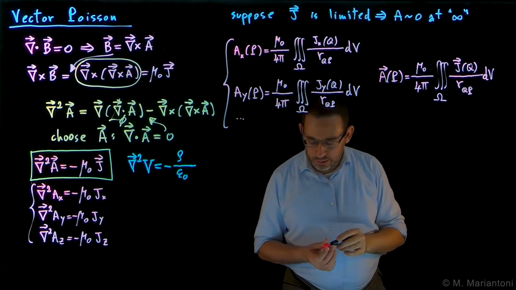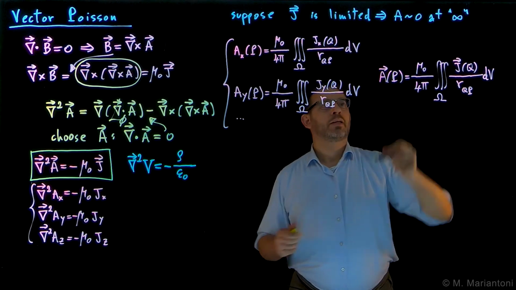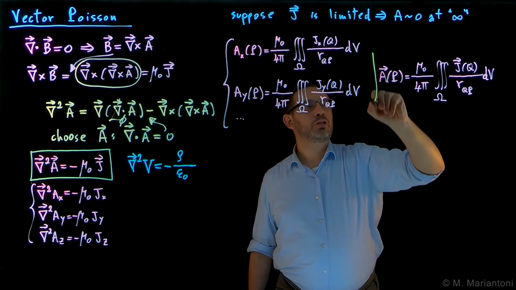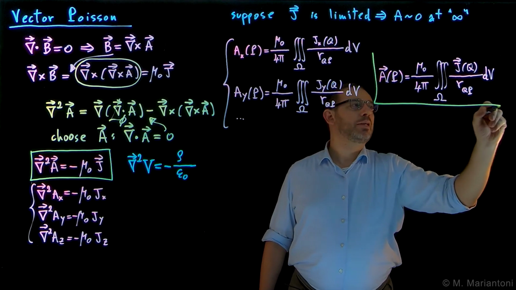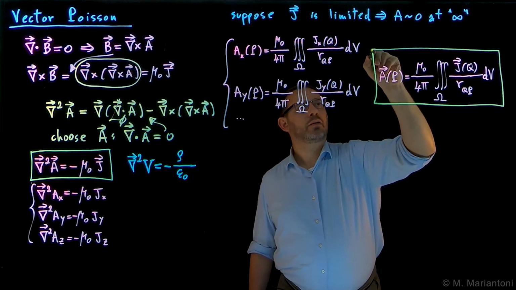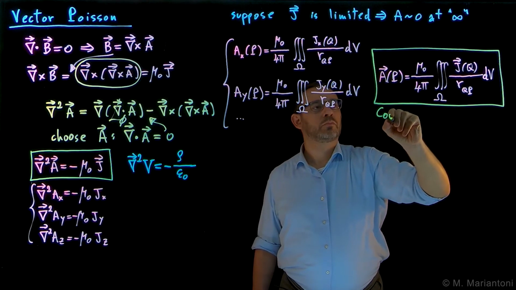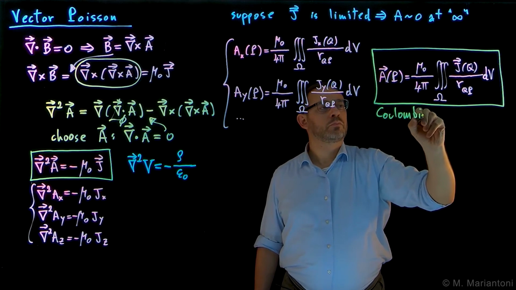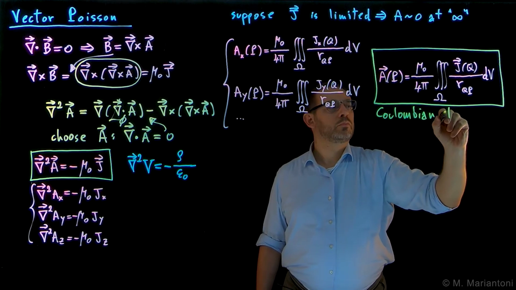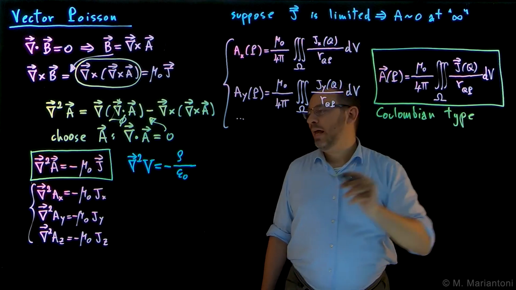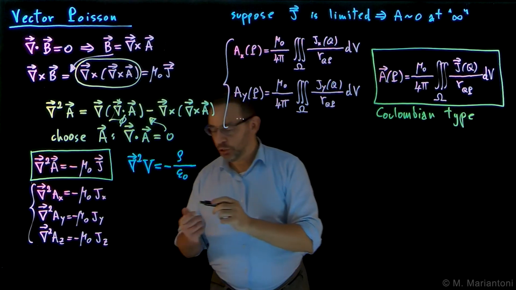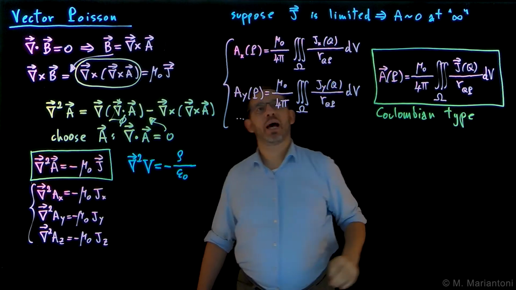This is a beautiful result where we have three components, each of which is a Coulombian type potential, stemming from a vector Poisson equation, if you want, as we wrote it down here.